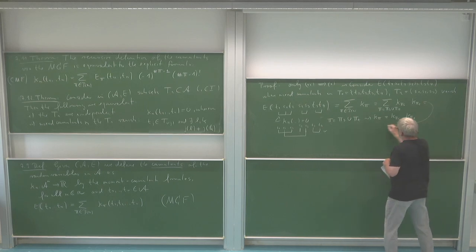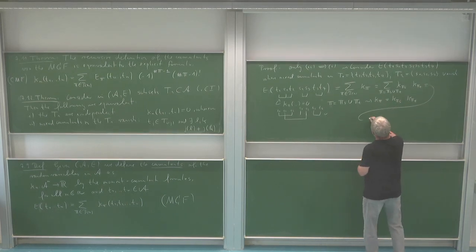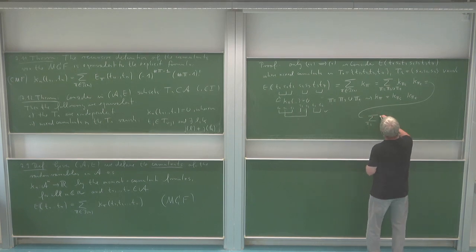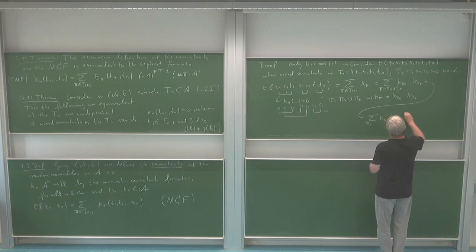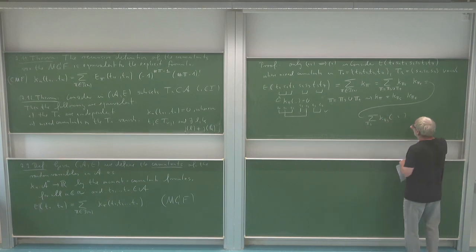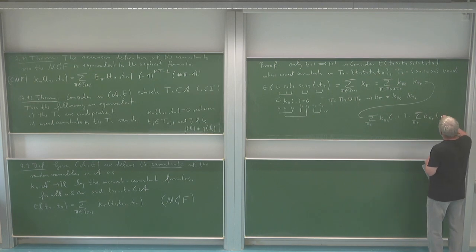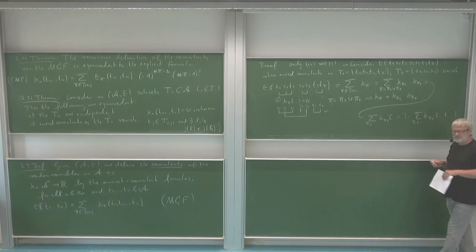So this here is then the sum over all pi s, and I have the kappa pi s, and here of course I only have the s arguments sitting at this position, times the sum over all pi t, and I have here the kappa pi t of all the t variables.